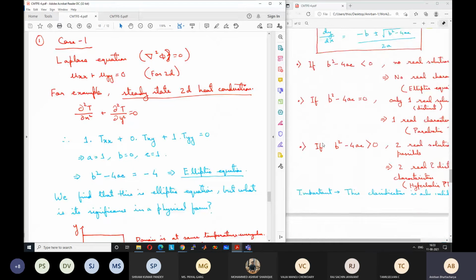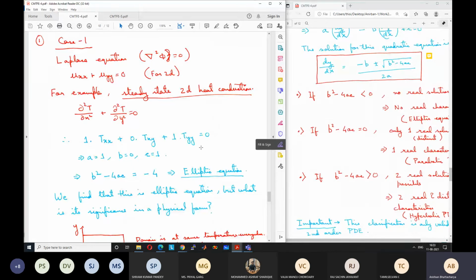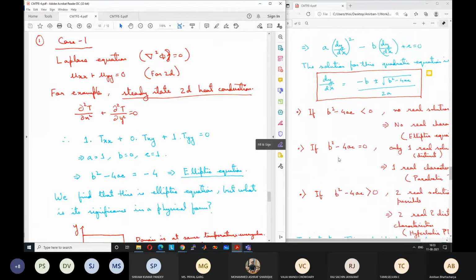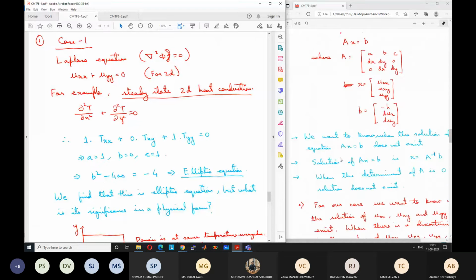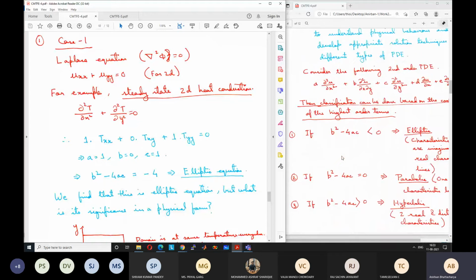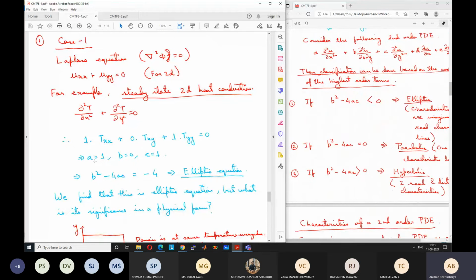If we write in this form, we keep this open. For this form, a is equal to 1, b equal to 0, and c is equal to 1, so b square minus 4ac is minus 4. Because it is less than 0, this is an elliptic equation.